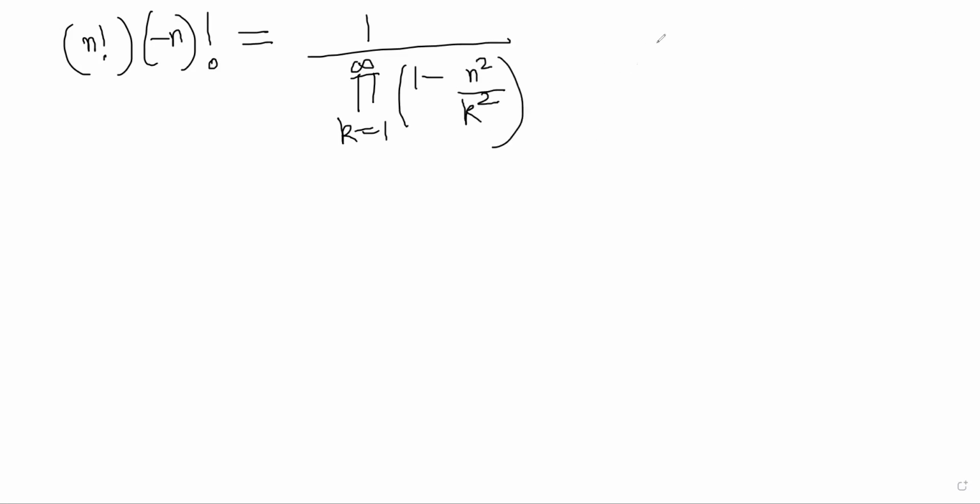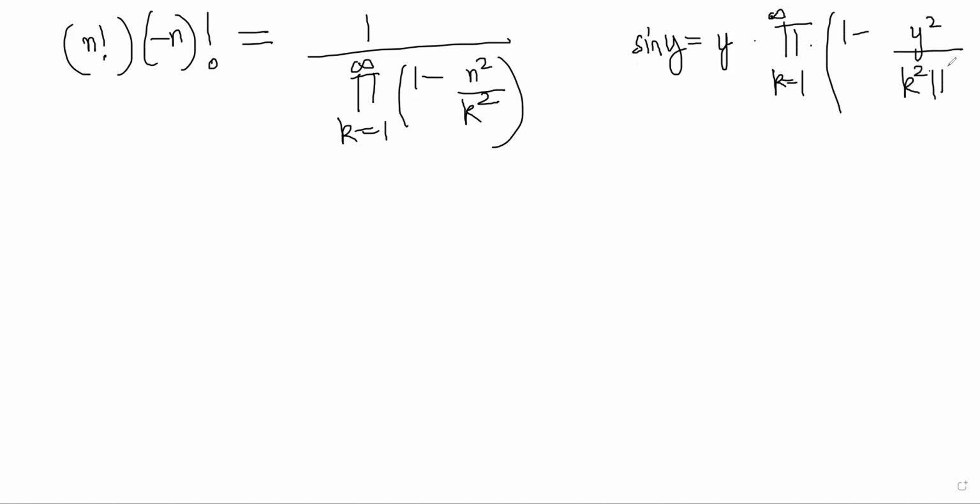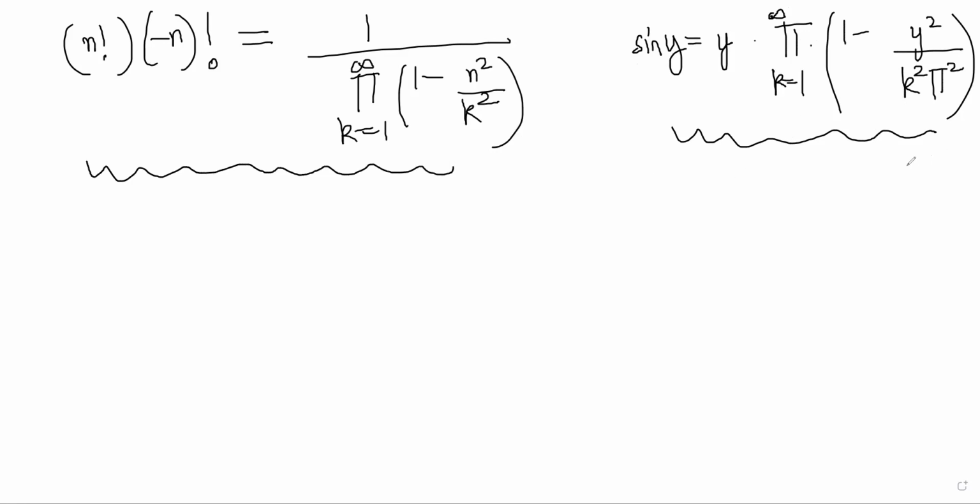Great. Now we have already seen sine y is equal to y times the product, k goes from 1 to infinity, of 1 minus y square by k square pi square, right? So I want to connect these two formulas like Euler did, right? We have this result, we have this result.